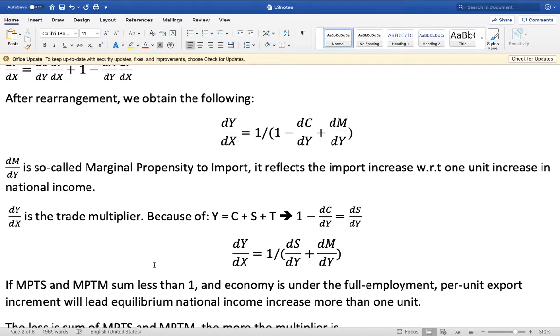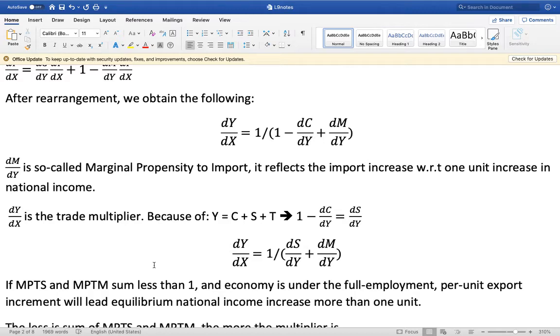Because y equal to c plus s plus t, we can arrive at 1 minus dc over dy equal to ds over dy. After the rearrangements, we arrive at dy over dx is equal to 1 over ds over dy plus dm over dy.